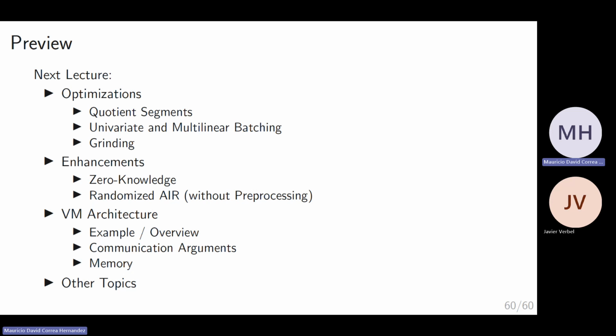So I think I really want to cover zero knowledge, and you know what? Let's just plow ahead with quotient segments in the next presentation. And then I think at some point in the optimizations section, the time will be to end this presentation. And then after Sophia's lecture, I'll cover zero knowledge. So, escape.